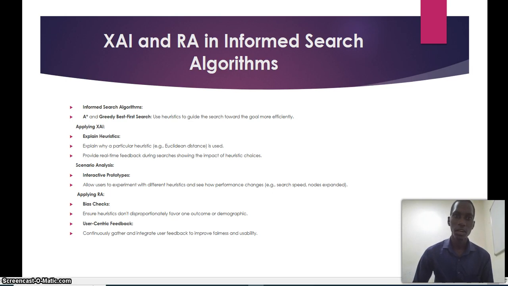Then, scenario analysis: let users compare different heuristics and see the impact on performance. For responsible AI, we ensure fairness by bias assessment, checking for any inherent biases in the heuristic or data.